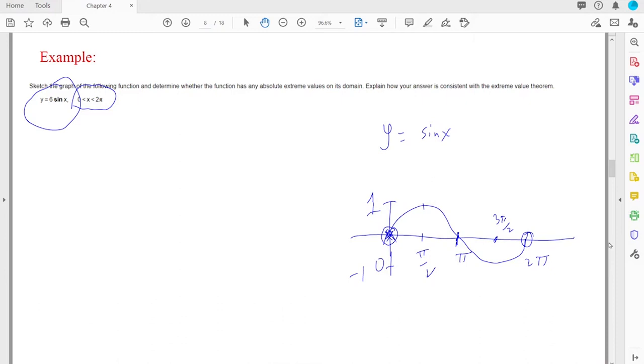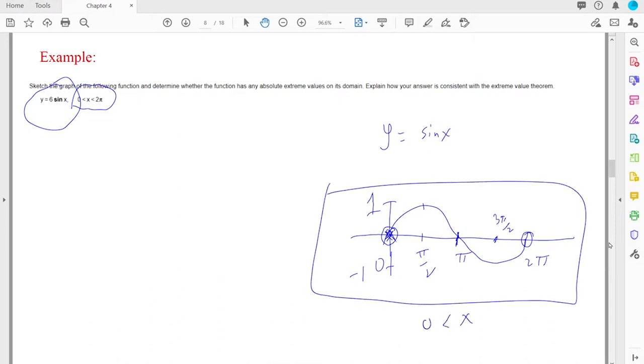For example, at pi over 2, the value should be 6 instead of 1, because you are multiplying sine x by 6. At pi, 0 times 6 is 0. At 3 pi over 2, instead of -1, the value should be -6. So this is the graph on 0 to 2 pi, not including 0 and 2 pi.